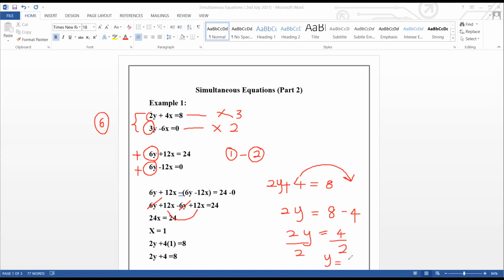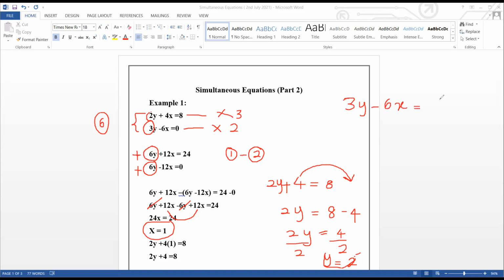Now we can check whether our answer is correct. So I got x as 1 and y as 2, right? I'm going to check with the second equation because I have tried with the first equation. Now I'm going to check whether I'm getting 0 on the other side, right? Let me check.